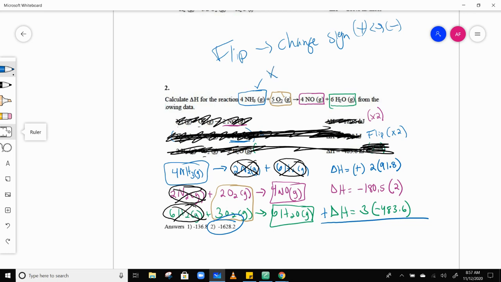If you multiply, then multiply the delta H. Okay? Combine them, make it the same as the original reaction, and you'll get the delta H.